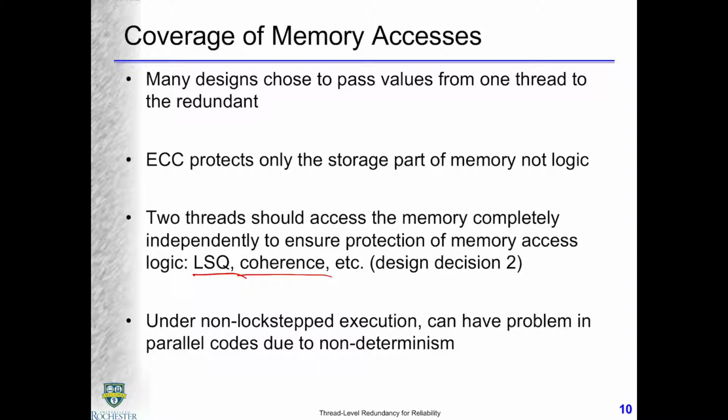And if you don't have lockstep execution, then you also have a problem due to non-determinism. You run a parallel code multiple times, and it may not necessarily execute in the same way. There's non-determinism, and when that happens, the 2 redundant forms of computation may disagree on the result.